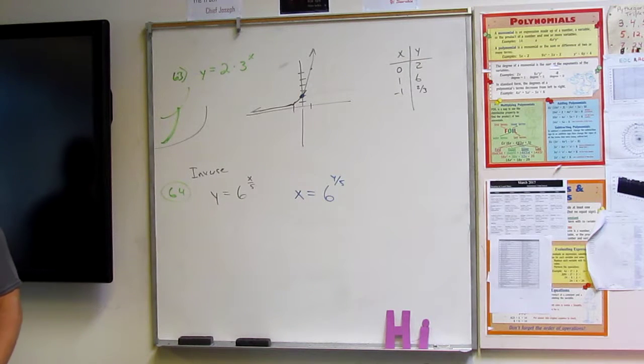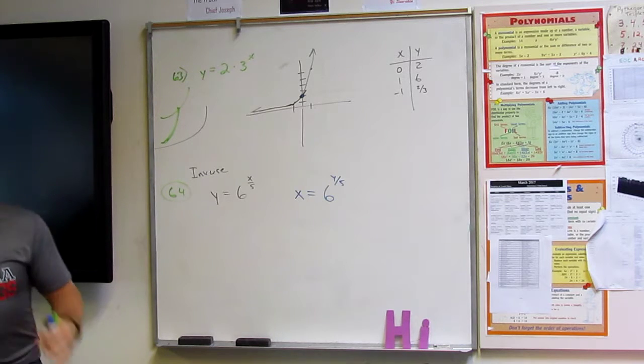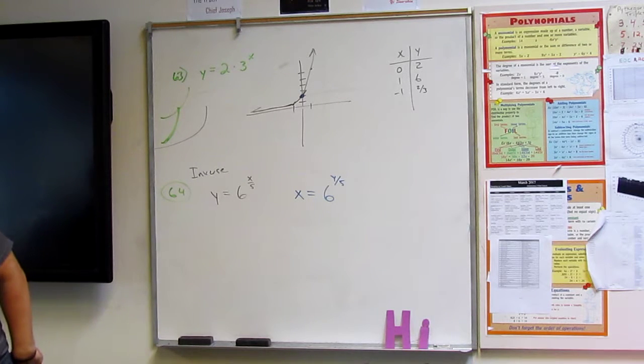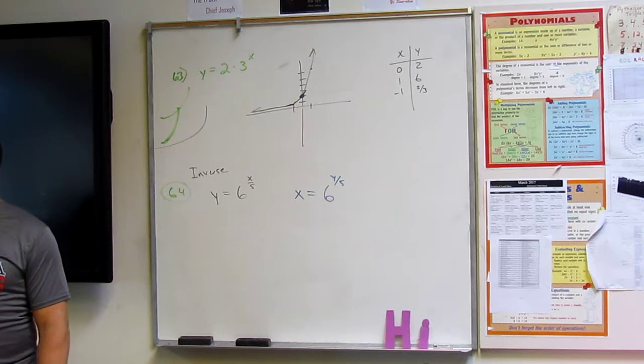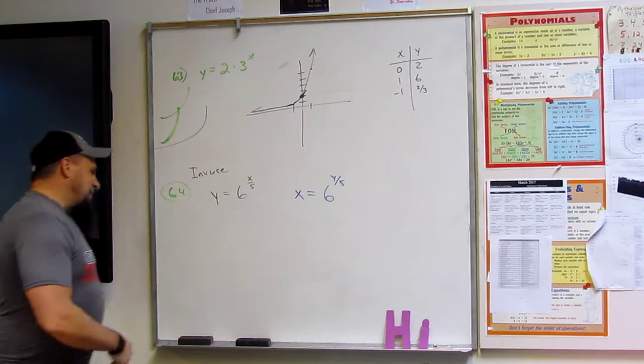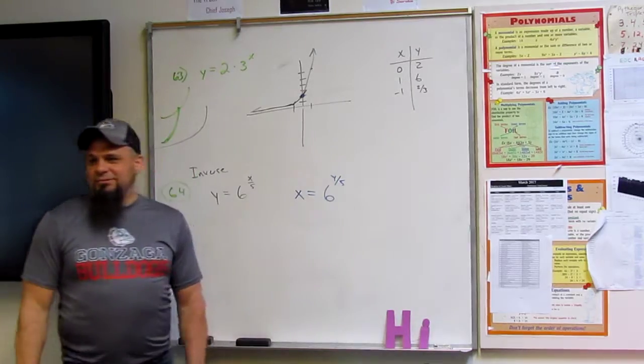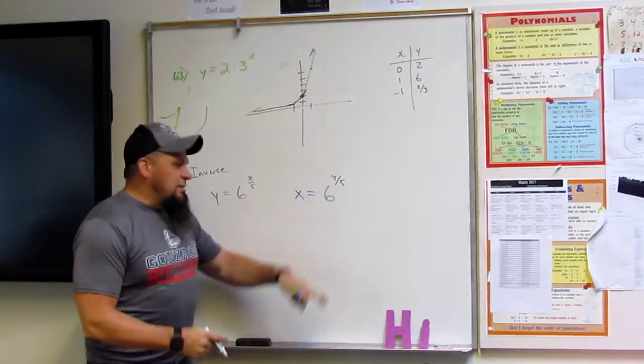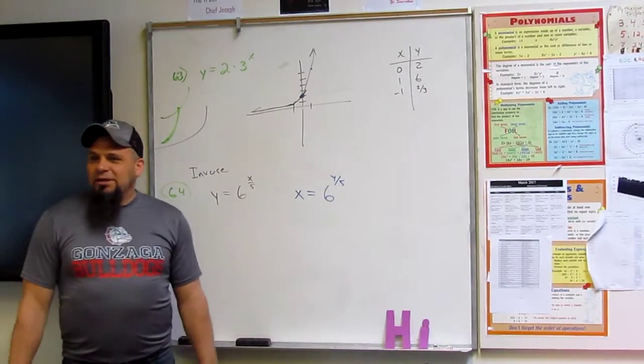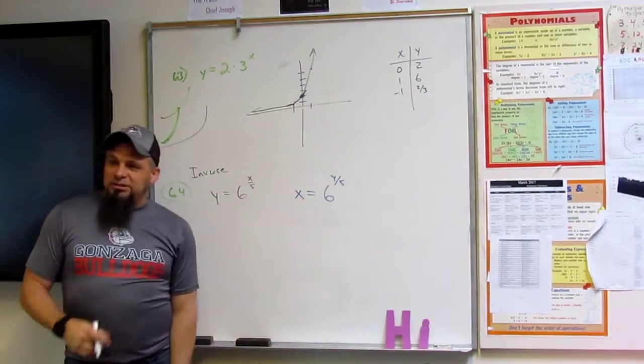When you have a variable as an exponent, what do you do? Come on, people. Logarithms. You should look at this and go, logarithms, because it's in that exponential form.